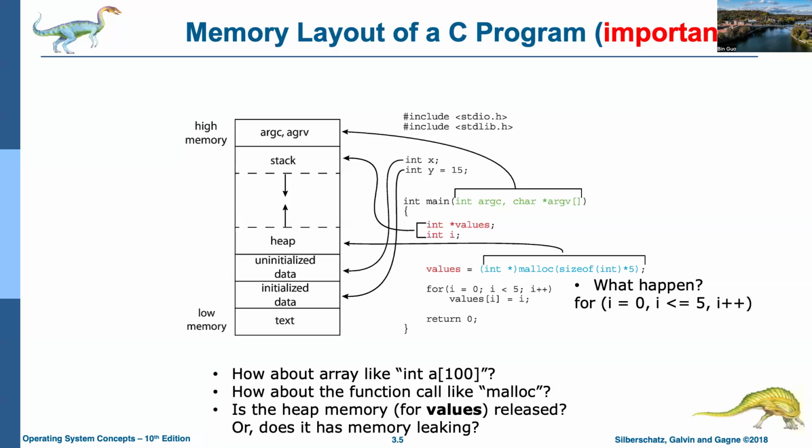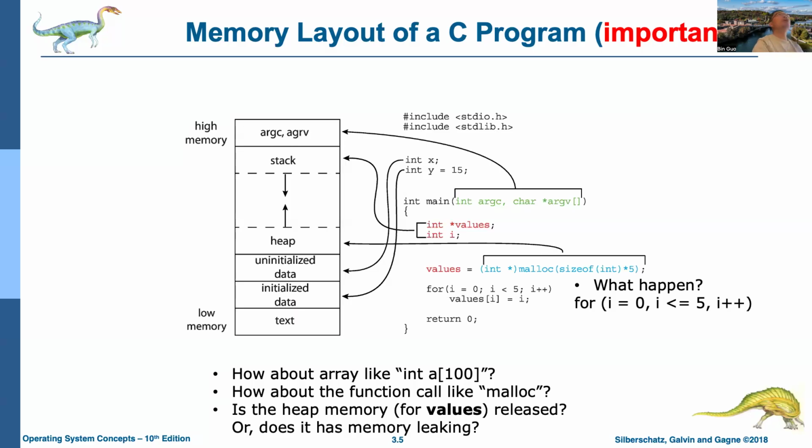Good. Okay, what happens inside the malloc? Malloc will trigger a system call, because all this is running in user space, user mode, and malloc's memory allocation must happen in kernel mode. It triggers a system call, telling the kernel: can we allocate this memory in the heap?